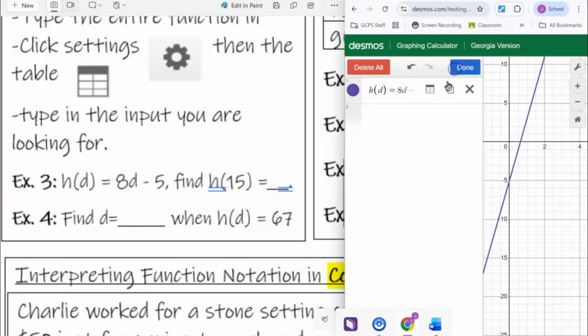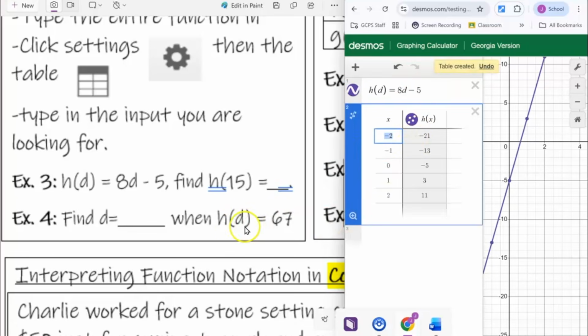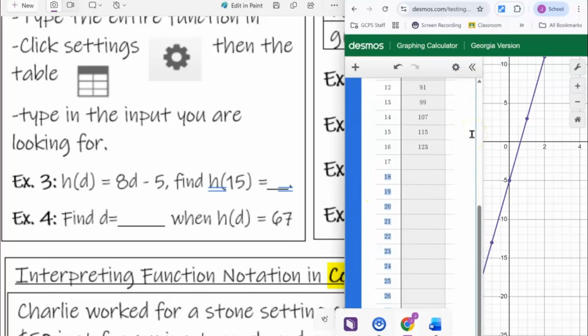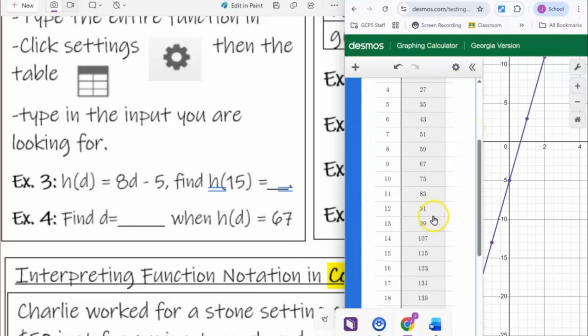So again, hit settings, table, and now you don't know what x is, but you know that y is 67. So you come right to the end and hold down enter until you pass 67. And now I'm just going to look for it. So there's my y is 67, my x is 9. So D is equal to 9 when y is equal to 67.